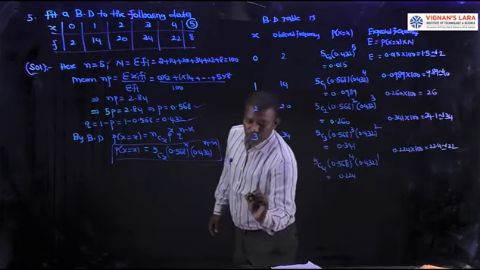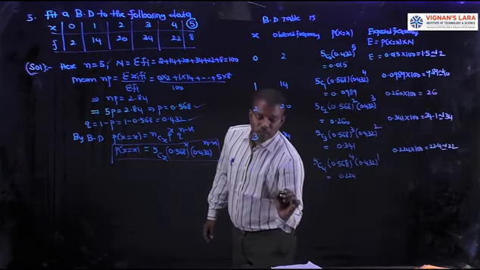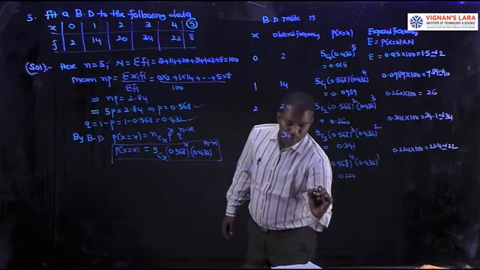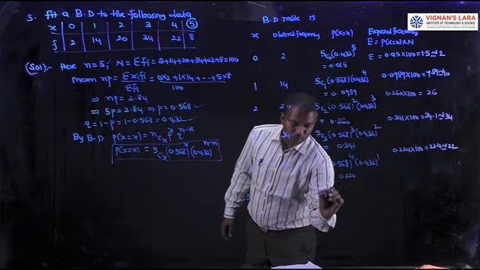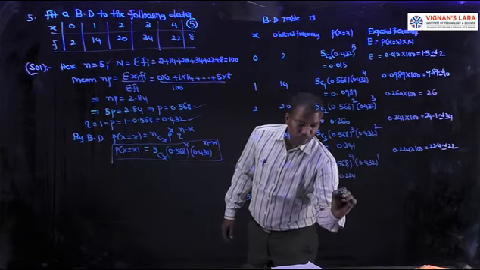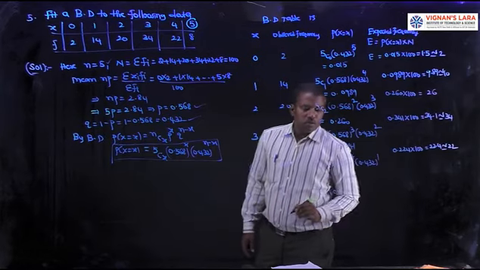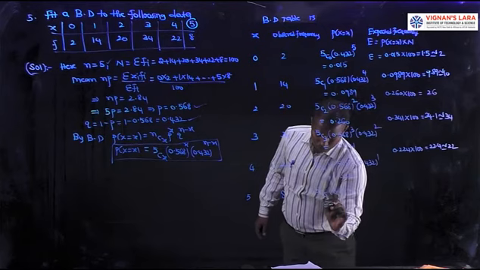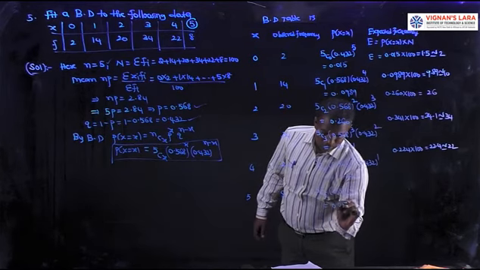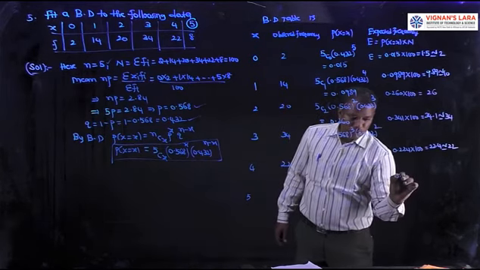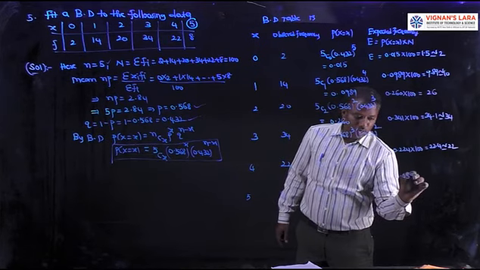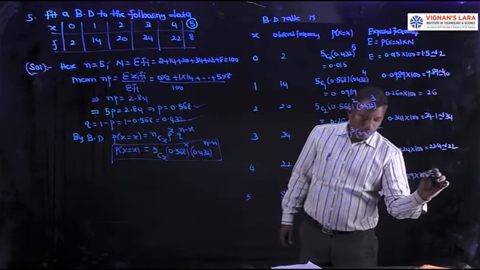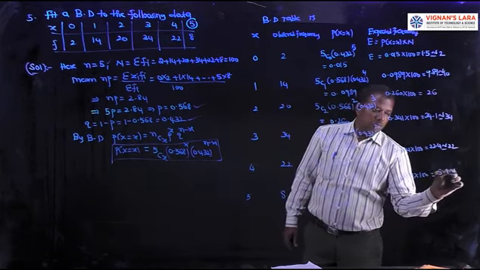Last one, 5. Observed frequency 8. Probability 5C5, 0.568 whole power 5 into 0.432 whole power 0. So its value is 0.059. And expected frequency 0.059 into 100, that is 5.9, approximately 6.